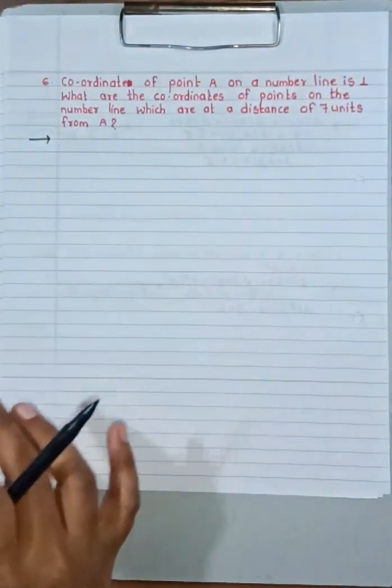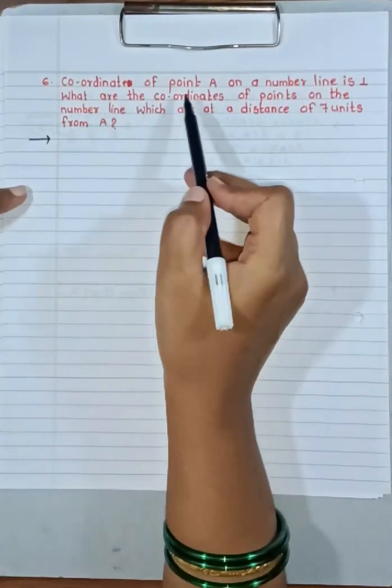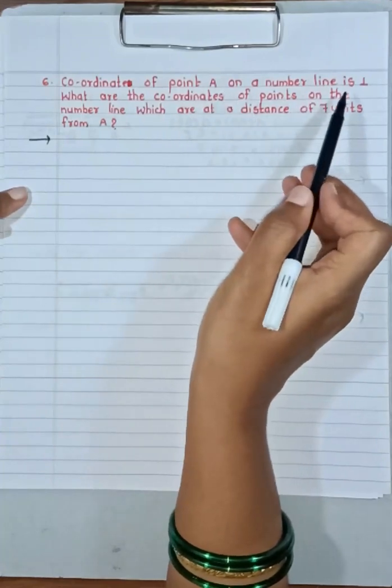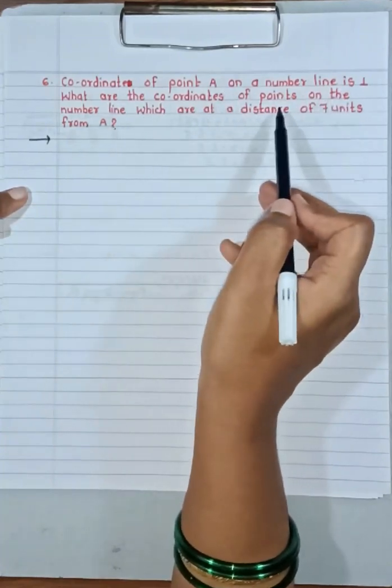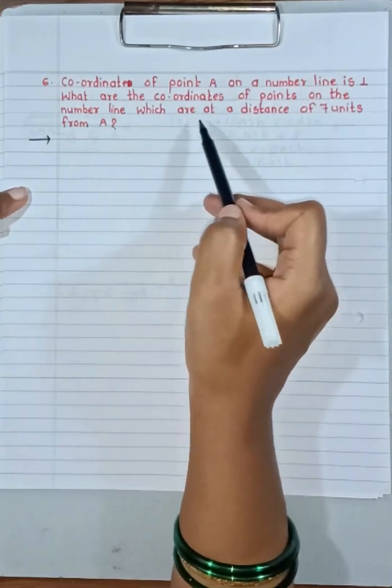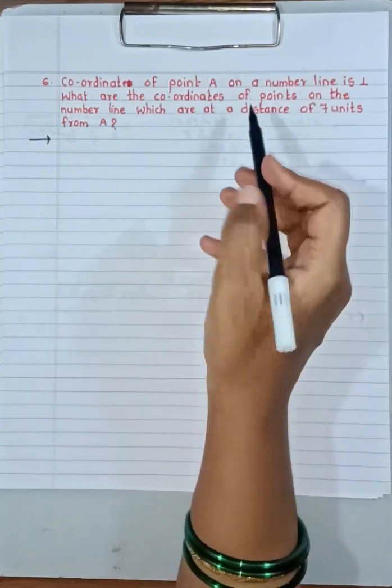Question number 6 is in the same way as you have solved question number 4. Now the coordinate of point A on a number line is 1. What are the coordinates of points on the number line which are at a distance of 7 units from A?